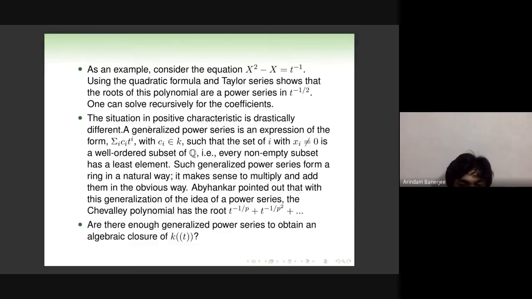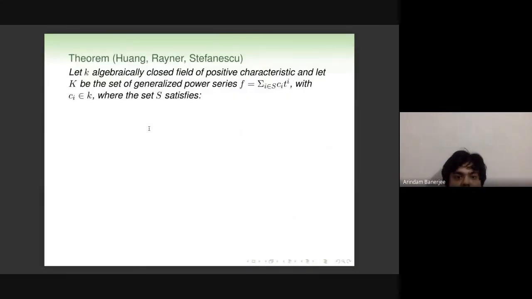So are there enough generalized power series to obtain an algebraic closure of k double bracket t in characteristic p? This theorem by Huang, Rayner, and Stefanescu is important to describe that. Suppose k is an algebraically closed field of positive characteristic, and let capital K be the set of generalized power series F whose support S satisfies the following properties.